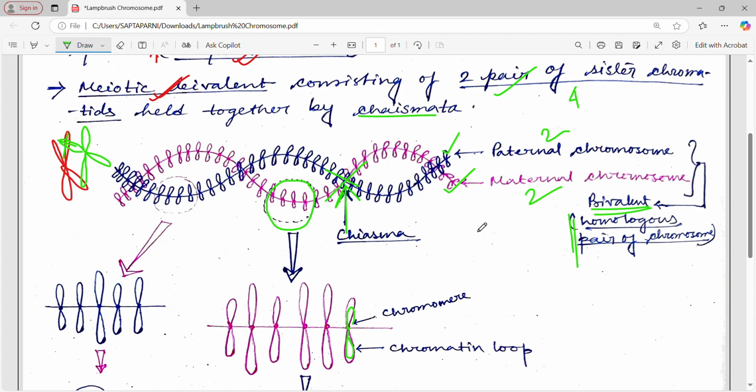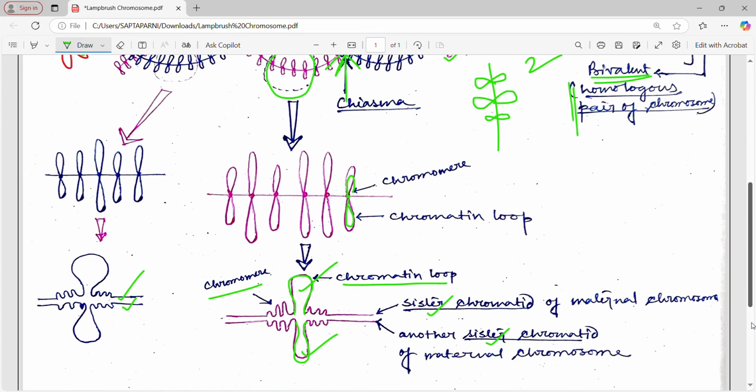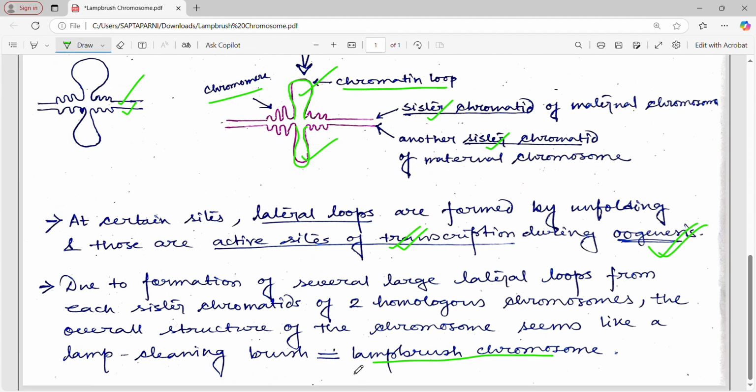If you have a lamp cleaning brush in your house you can see that. That is why this chromosome is known as Lampbrush chromosome. Due to formation of several large lateral loops from each sister chromatid of the two homologous chromosomes, the overall structure seems like a lamp cleaning brush.